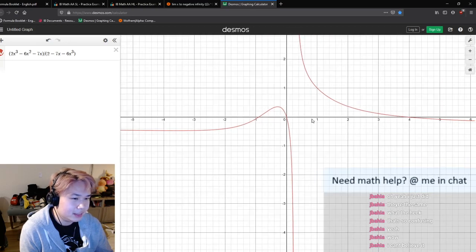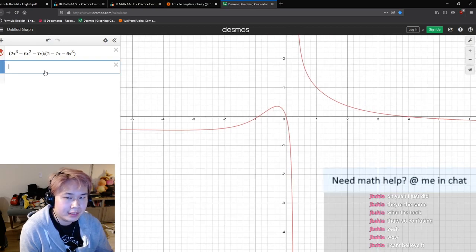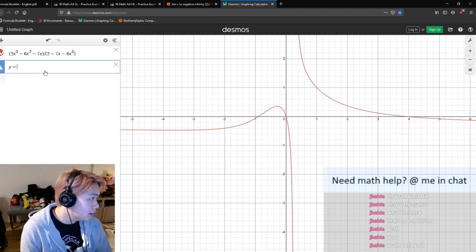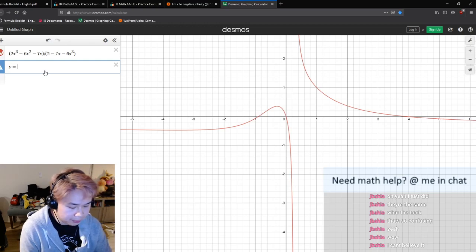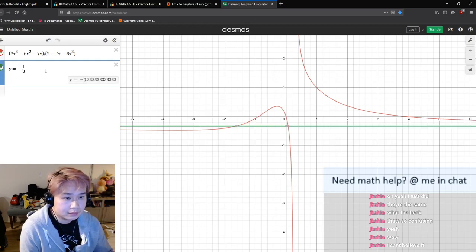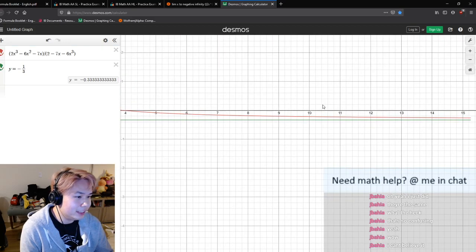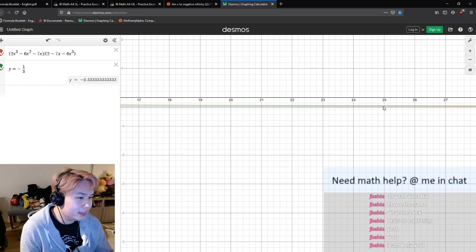Yeah, so you see, here's the graph, right? And if I make a horizontal line at negative 1/3, you see, if you go to positive infinity, the graph is approaching 1/3, the green line.